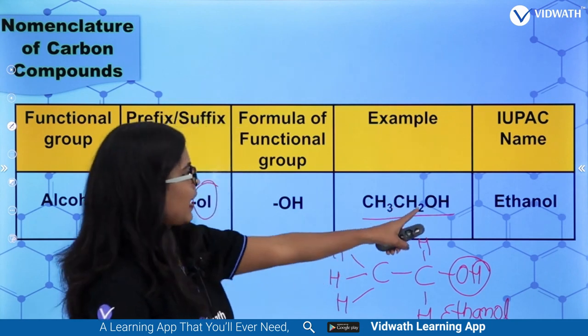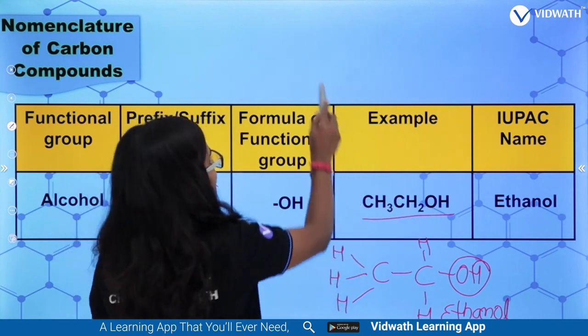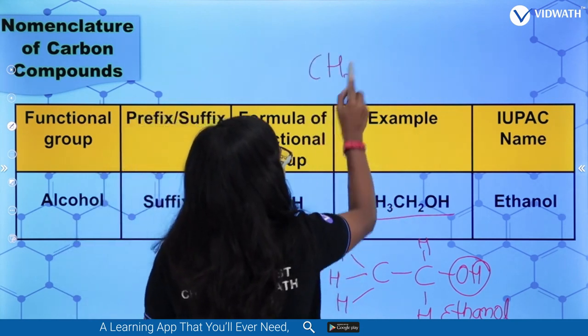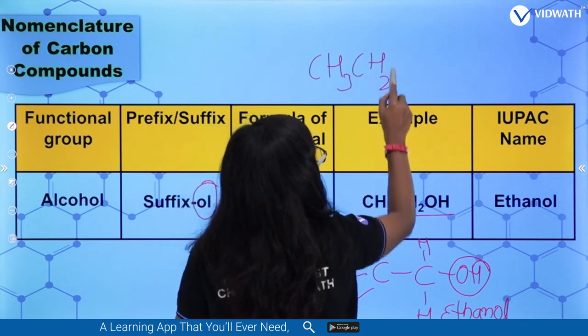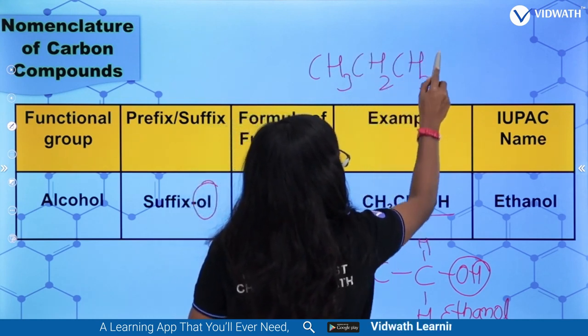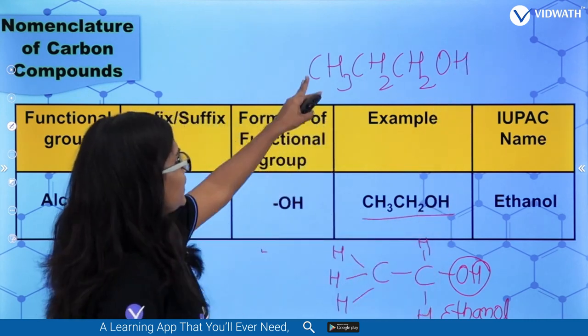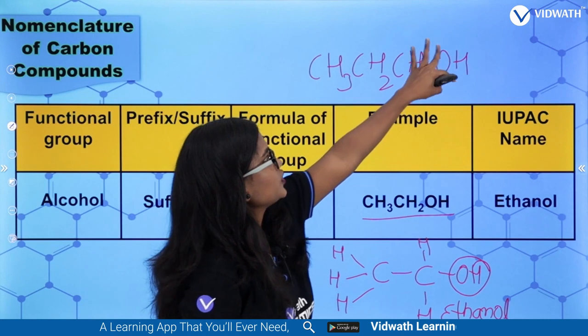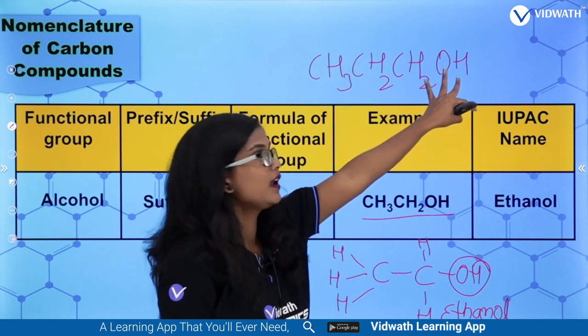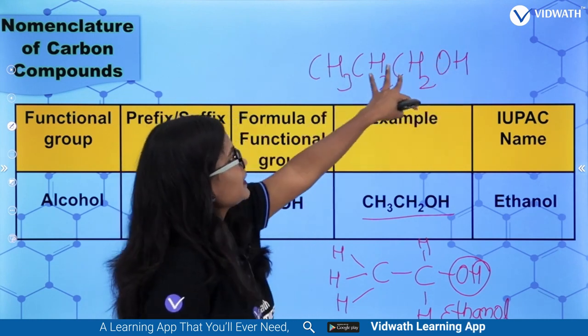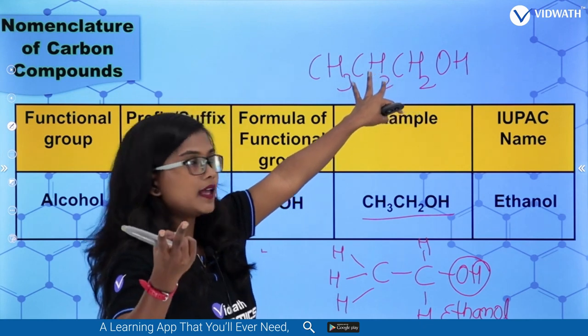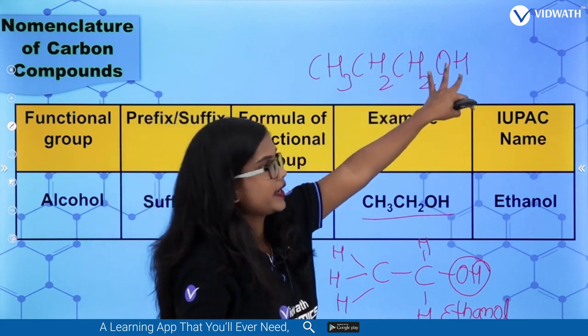Suppose we have CH3, CH2, CH2OH. How do you name it? How many carbon atoms are there? We have a functional group OH, that is alcohol. Clear? How many carbon atoms? 3. So obviously propane, but we have an OH here.